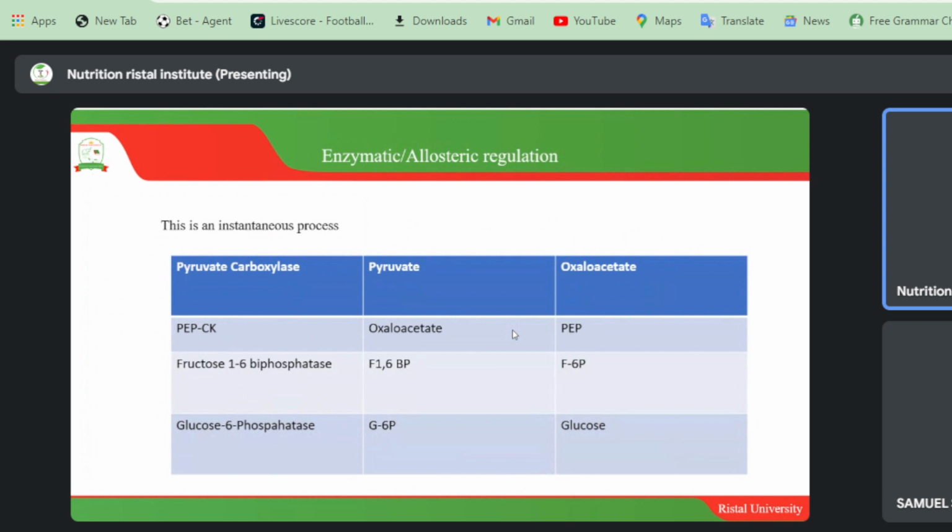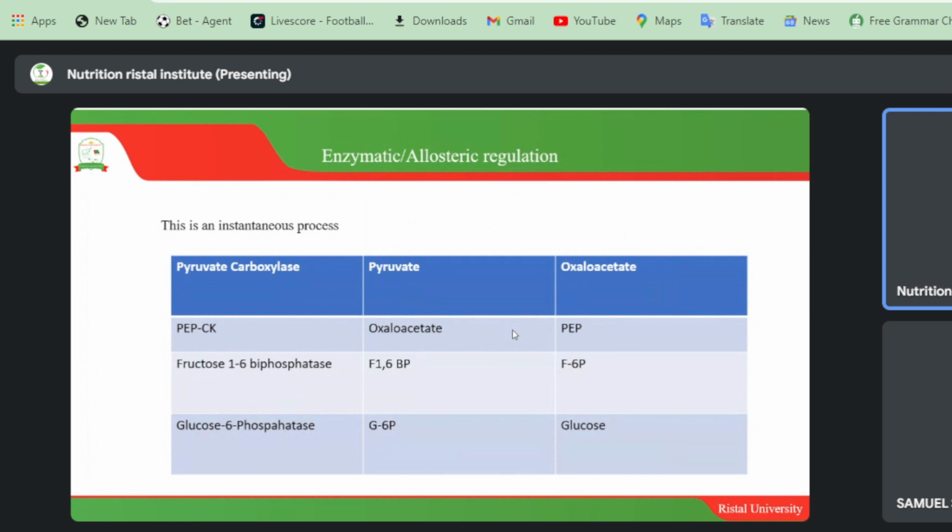You're seeing pyruvate carboxylase here is inhibited by PEP carboxykinase, fructose 1,6-phosphatase and glucose 6-phosphatase. So the presence of these enzymes can also cause an effect on the regulation. Above is the table that can indicate all this.